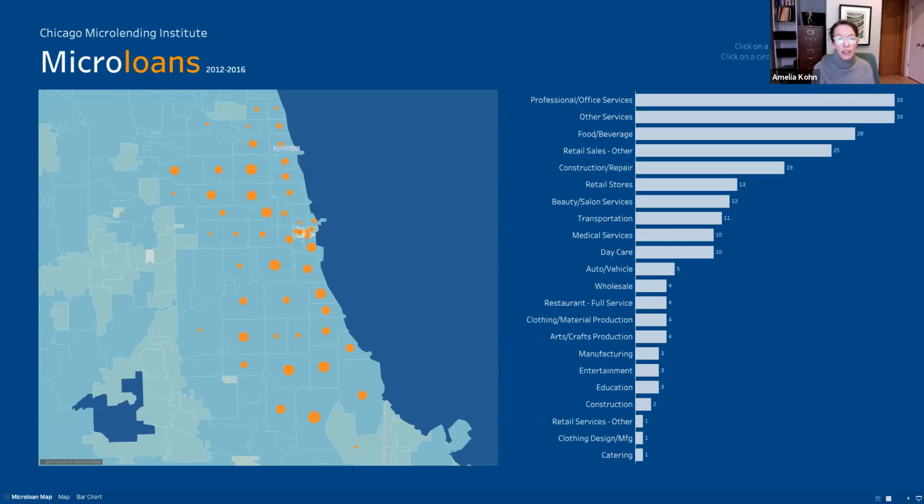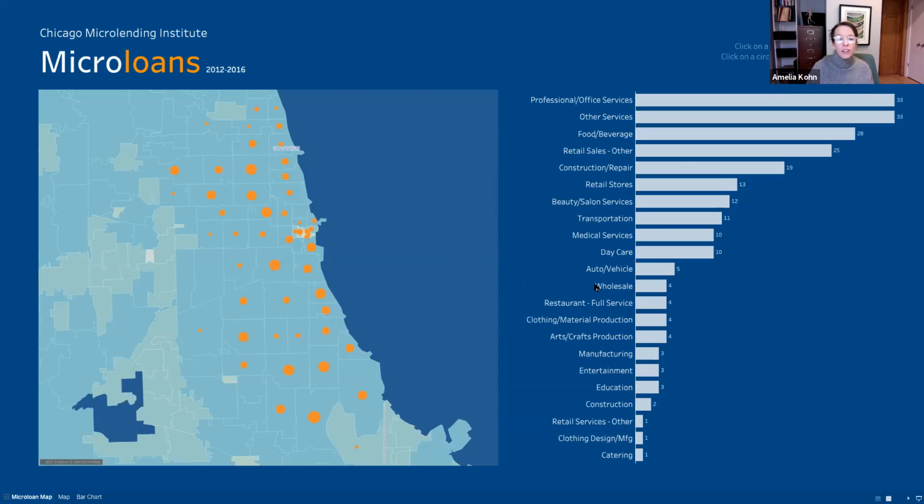So the circles you see on the map show the location, specifically the zip code area of small business owners who have received loans through CMI. So just in case you're not familiar with Chicago, this blue area on the right is Lake Michigan. Chicago borders Lake Michigan. And then this is the Chicago area to the left, the different zip code areas.